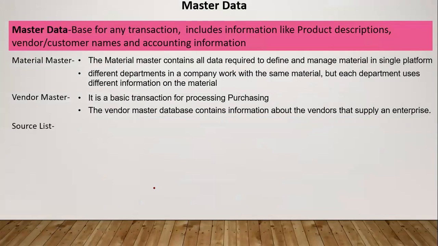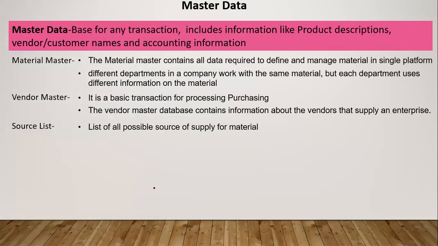The next is source list. So whenever we procure a material, we have different sources, different vendors. So we assign all the possible sources of supply in the source list. So the source list is a list of all possible sources of supply for the material.